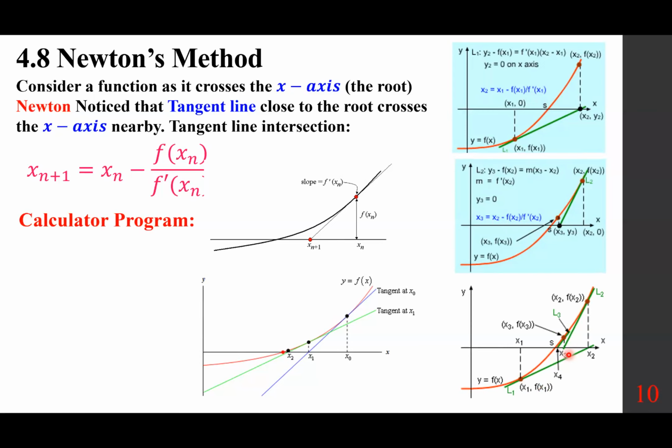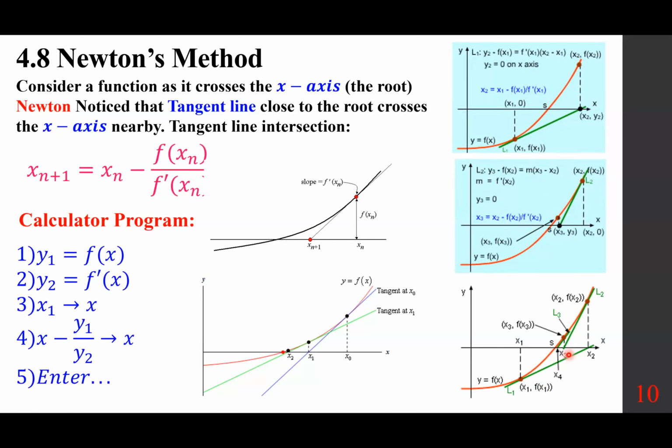Now, the concept is very straightforward. When the numbers get involved, it becomes tedious to do it by hand. So here's the program I'm going to show you quickly. It's a calculator program. Y sub 1 equals f of x. So you put y sub 1 equal to f of x in a graphing calculator such as a TI.